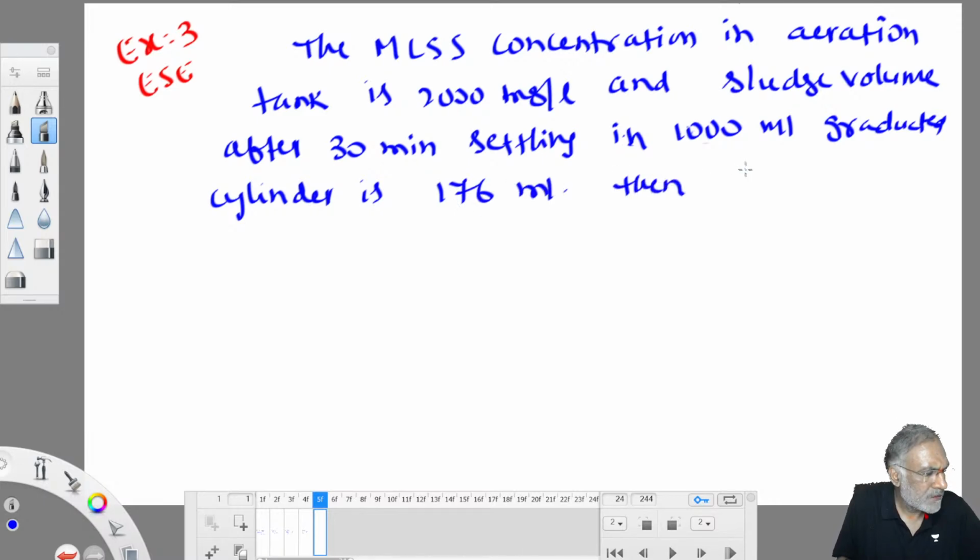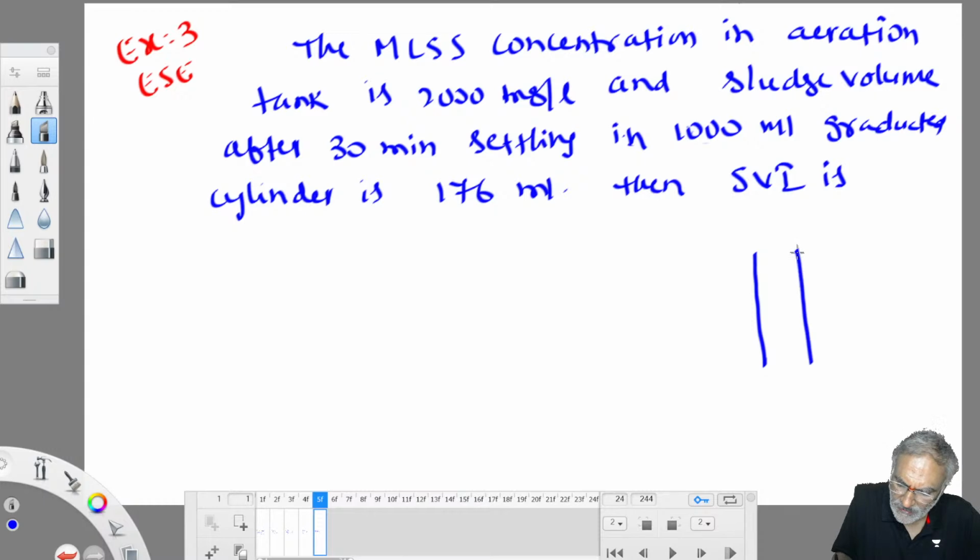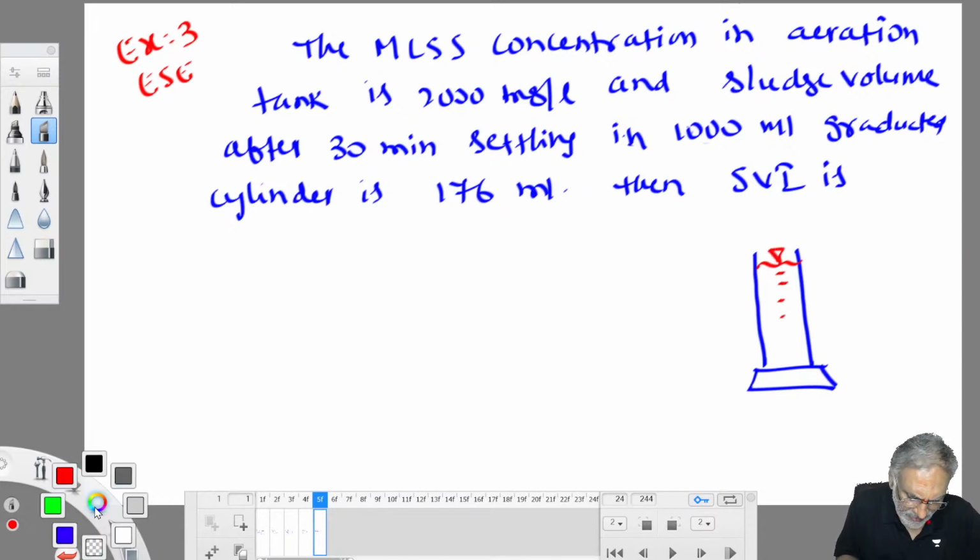Then the sludge volume index is, so what is given? We put that 1 liter sewage sample into a graduated measuring cylinder. The solids settled and occupied a space of how much? 176 ml.